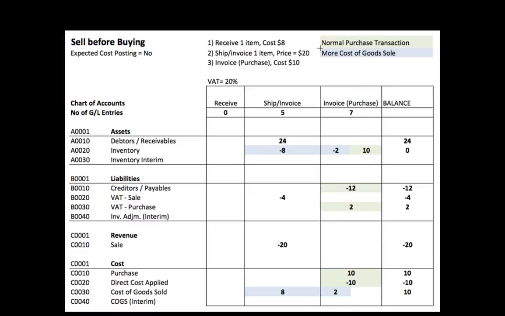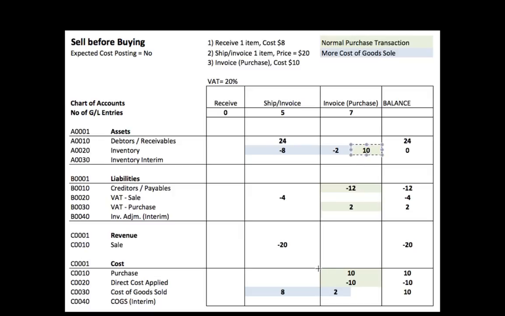Let's start with the green ones. All those that are indicated with green could be considered a normal purchase transaction. So we know now that the item we're putting on inventory should be put on inventory at a cost of $10.